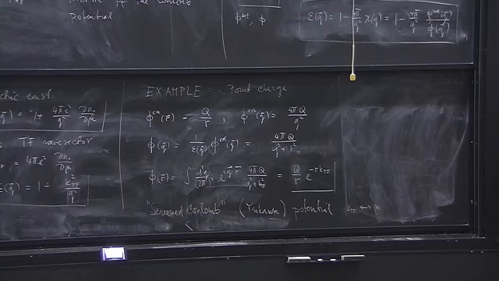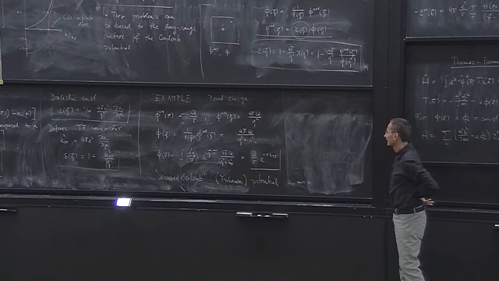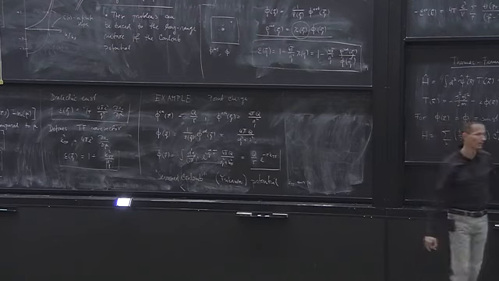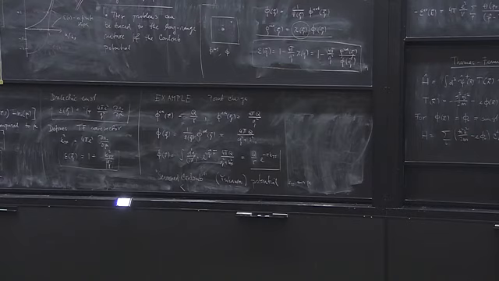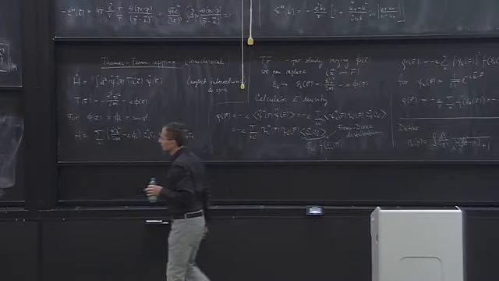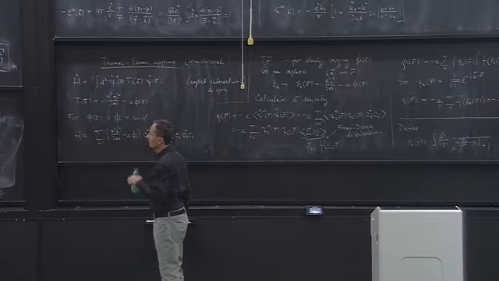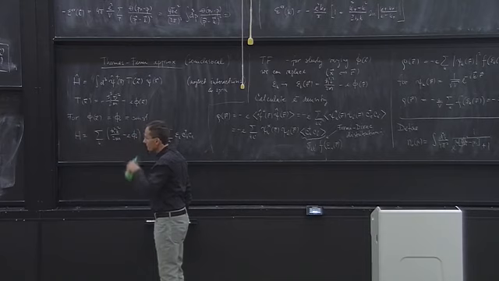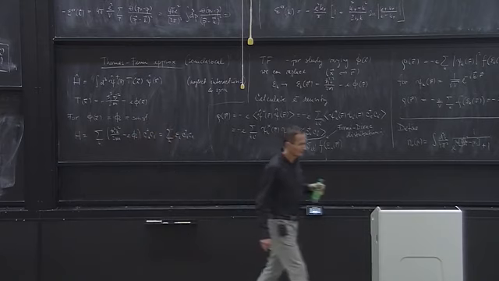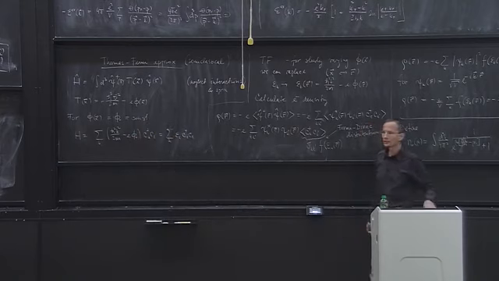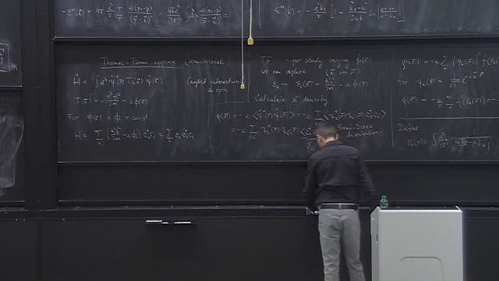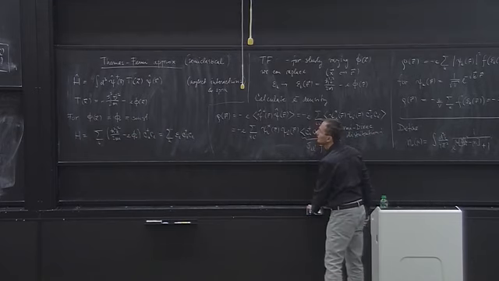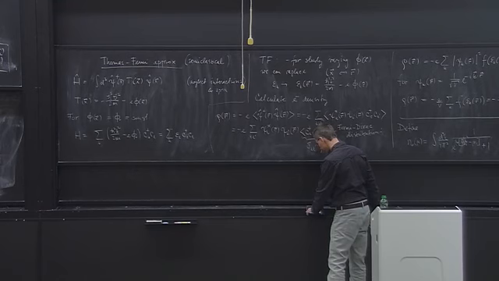In other approximations, you can get other behaviors, and that's why I'm going to show you another approach to this, which is the so-called Lindhard approximation, and it's valid in a different regime. Okay, any other questions?